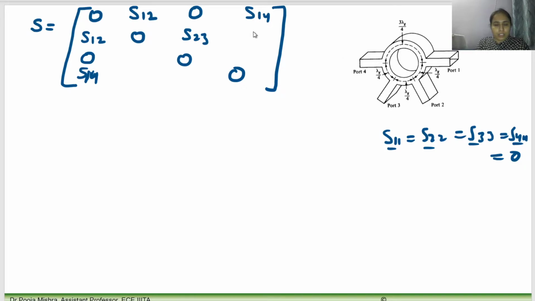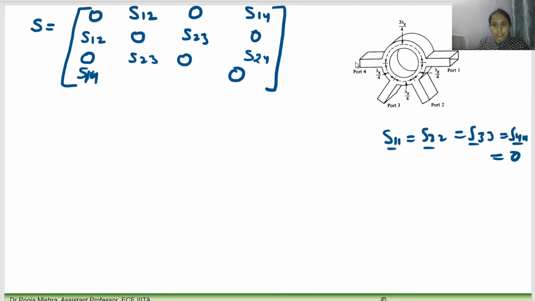S24 will not get the signal, it will be 0. Now move on to 3. If you send the signal to 3, it will appear from port 4 and port 2. So S23 and S34, it will not appear from port 1.